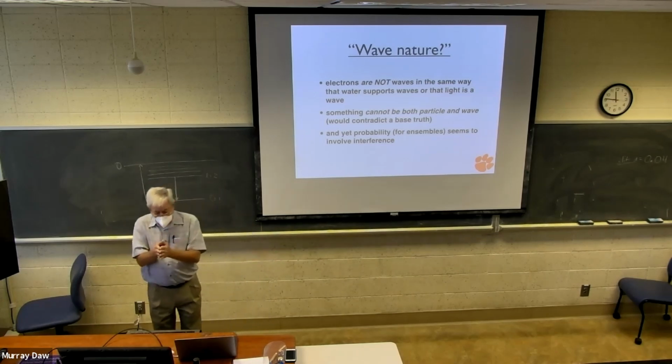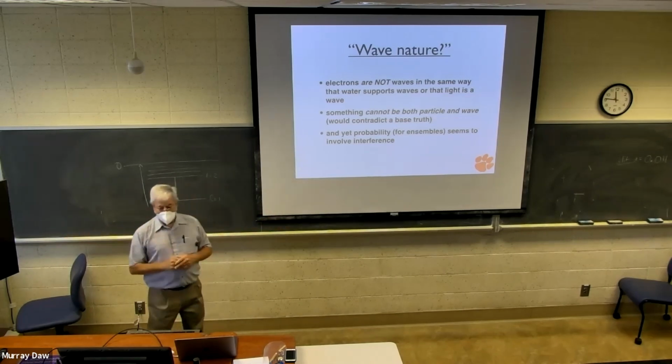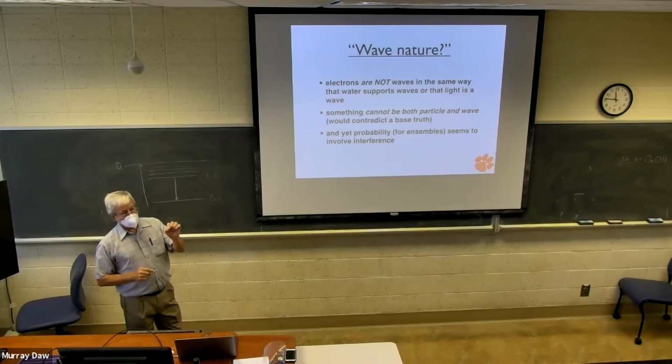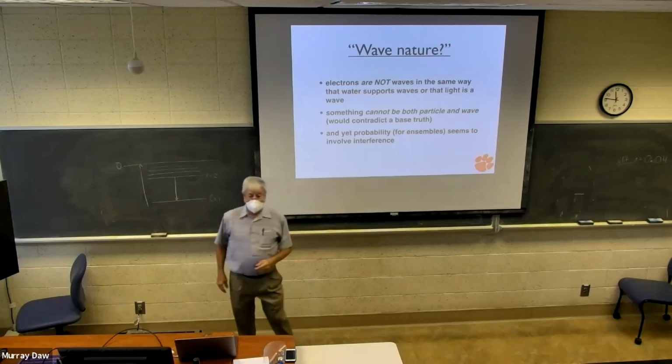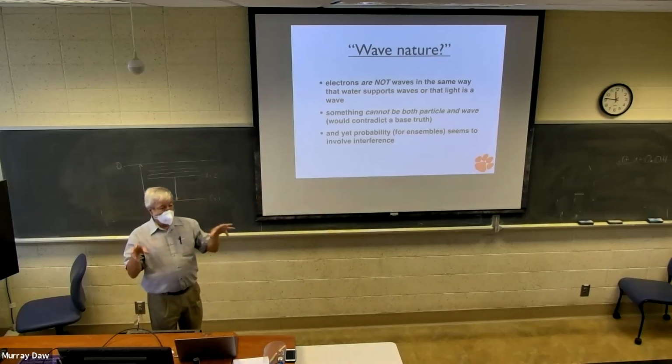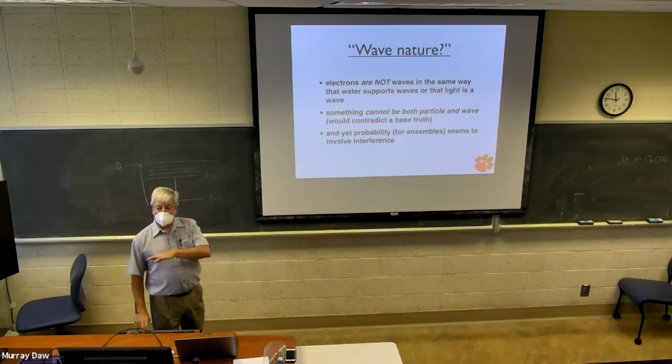Something can't both be localized and extended at the same time. That means there's two things going on. There's a particle and a wave. Two entities at work in the hydrogen atom. Okay, so there's this interference that's going on, and this interference would be allowed if there's a wave entity.